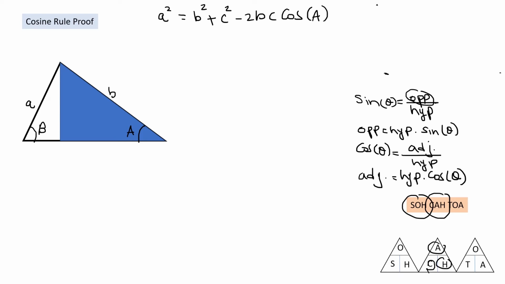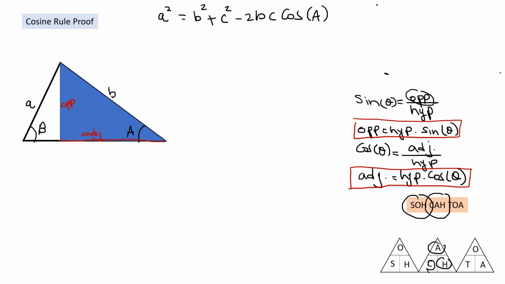Right, so let me put a box. We need to use these equations to prove this one. So opposite equals hypotenuse times sine theta, adjacent equals hypotenuse times cos theta. If we focus on the blue triangle, this is opposite to the angle A, and this is adjacent.